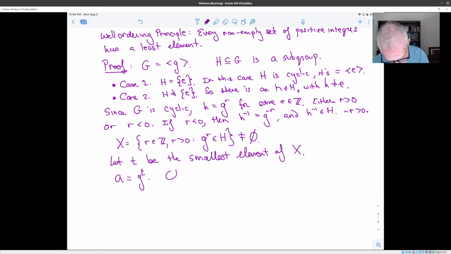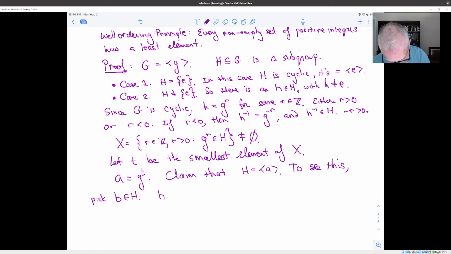And I claim that H is generated by a. And to see this, we have to show that any element of H is a power of a. So let's pick b, any b in H.